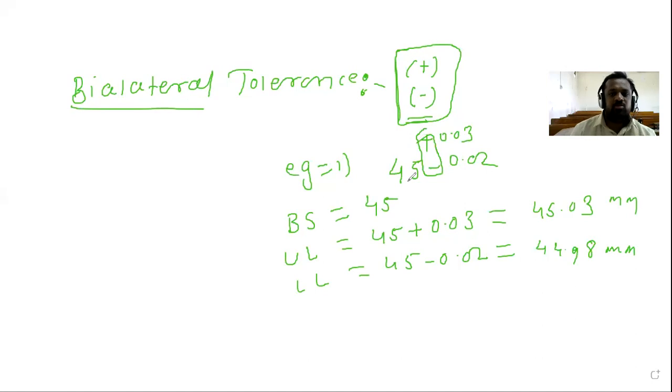So you have to remember these two points, unilateral and bilateral tolerances. Any doubt, any problem? No, sir.